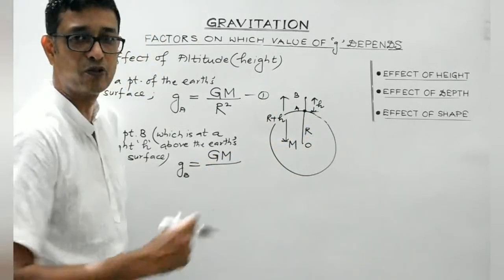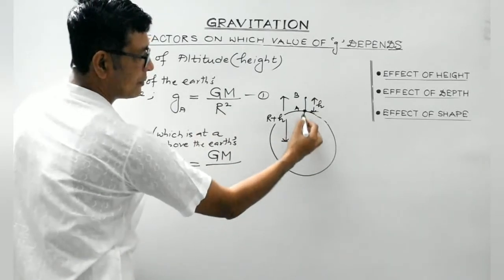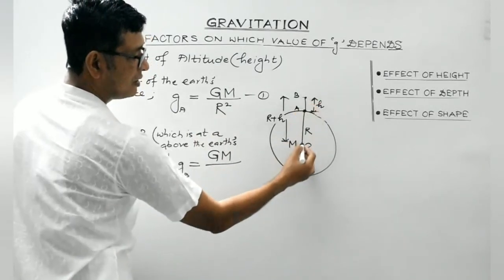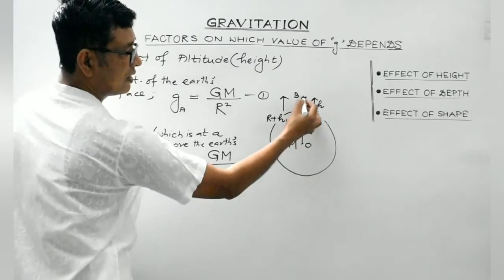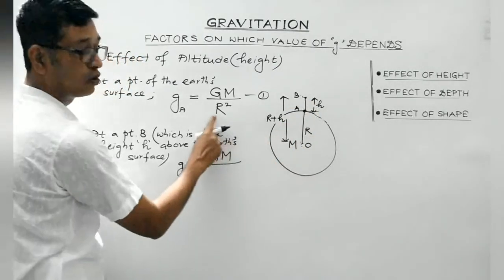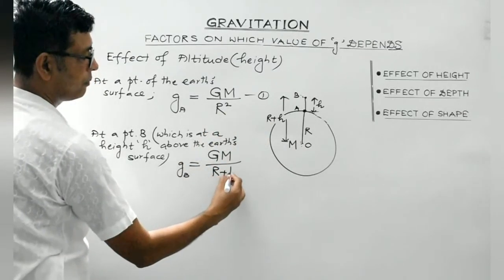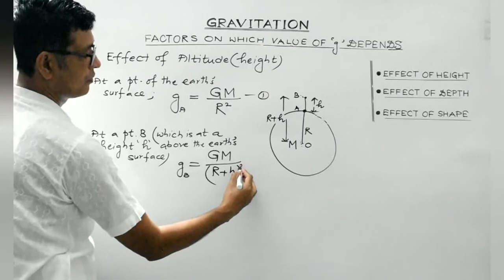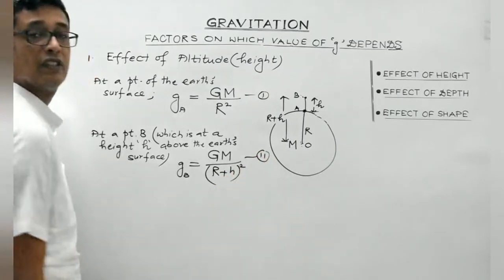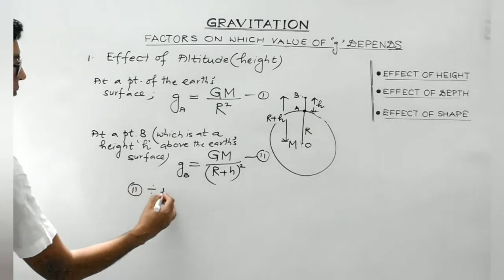Mass of the Earth, that won't change, divided by r square. Earlier this was the distance at point A. Now at point B, this is the effective distance from the center of the Earth and the observation point, right? So the effective distance is r plus h. So in place of r, we will replace r with r plus h. Clear, students?